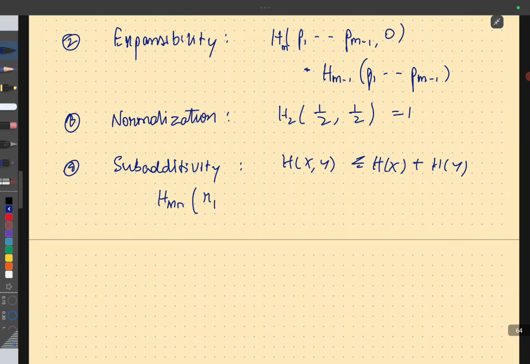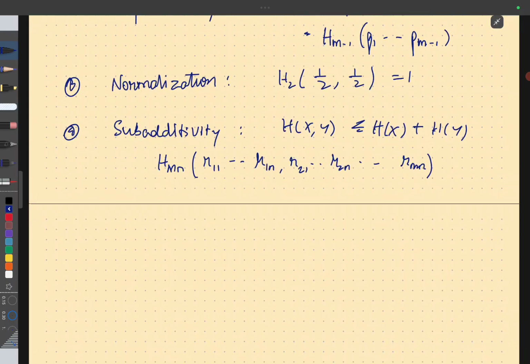Suppose I have R1, R2 up to Rmn, or let me label them as R11 up to R1n, R21 up to R2n, and so on all the way up to Rmn. So this is a joint PMF corresponding to a pair of random variables X and Y. X has cardinality m and Y has cardinality n.